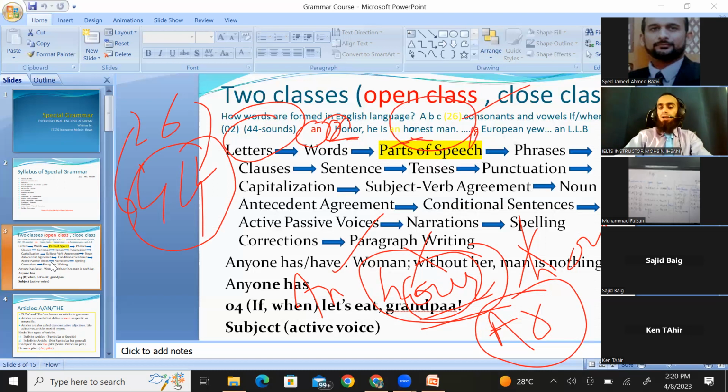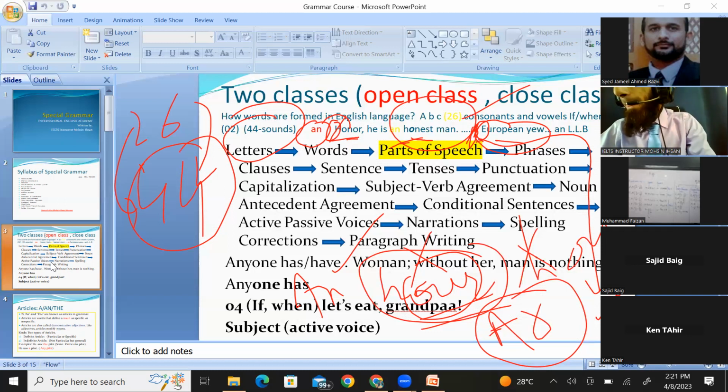But this is a European, not an European. If you say this person is European or this material is European, you are supposed to say "a European," not "an European," right? Because this E is a vowel, but the sound is "yeu."